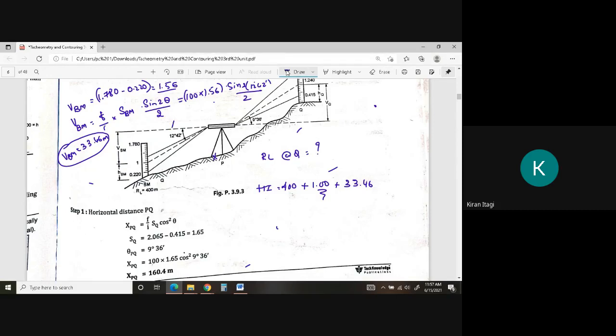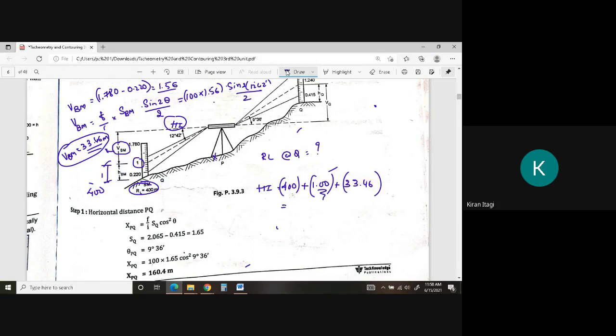See, I want to determine this line of sight. This one I have already determined, that is 33.46. Here I have 400, here I have 1. 400 plus this height is how much? 1, and this height is how much? 33.46. 400 plus middle hair reading plus VBM.